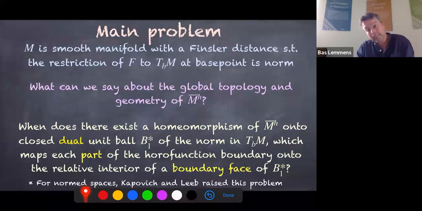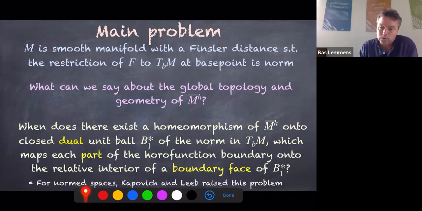Now there are several things I need to explain here. First of all, you can say, why on earth are you insisting on this dual ball? All balls are homeomorphic. Well, the duality comes in because I want to understand the geometry, and this has to do with the second part of my requirement, namely that each part in the horofunction boundary should correspond to a relative interior of a boundary face of this ball.